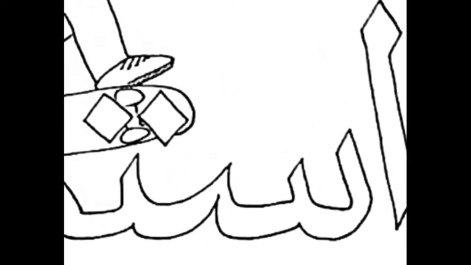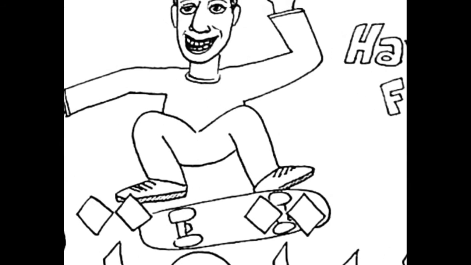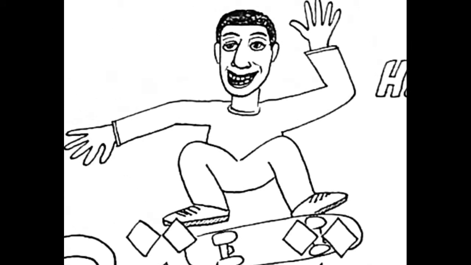There are many slang words that we use for fun as well. For this one, I used a kid skateboarding to represent having fun, because to me that's what fun was when I was younger, skateboarding.